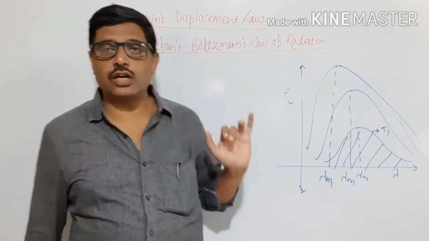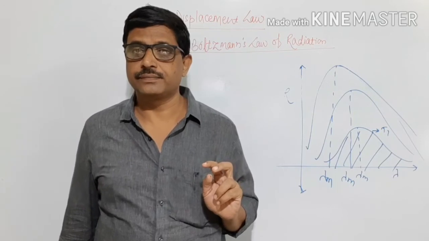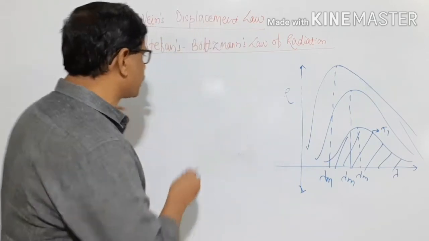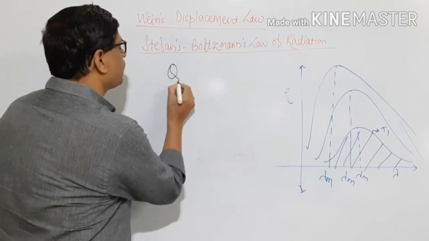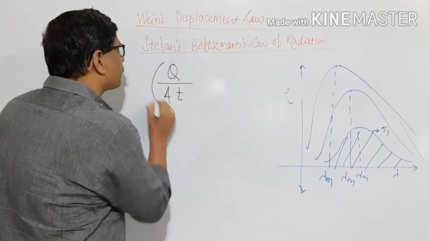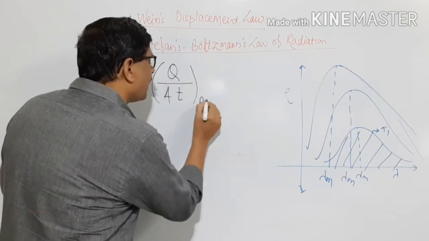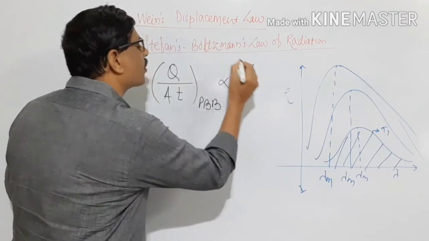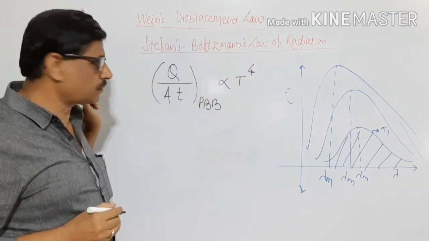Stefan-Boltzmann law states that the quantity of radiant heat emitted per unit area, per unit time by a perfectly black body is directly proportional to the fourth power of its absolute temperature.